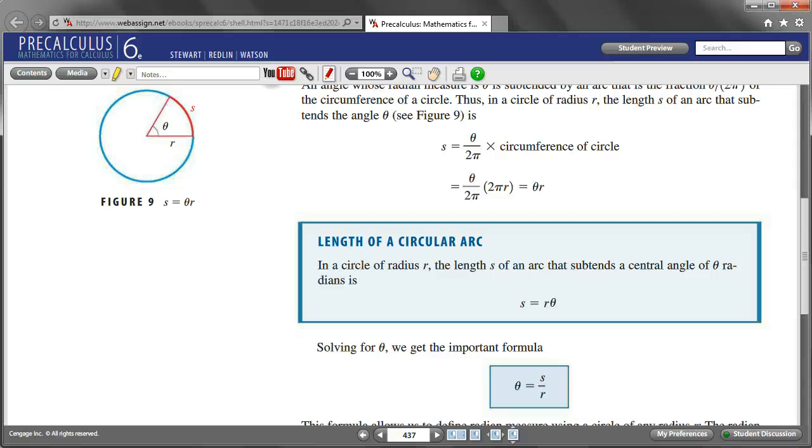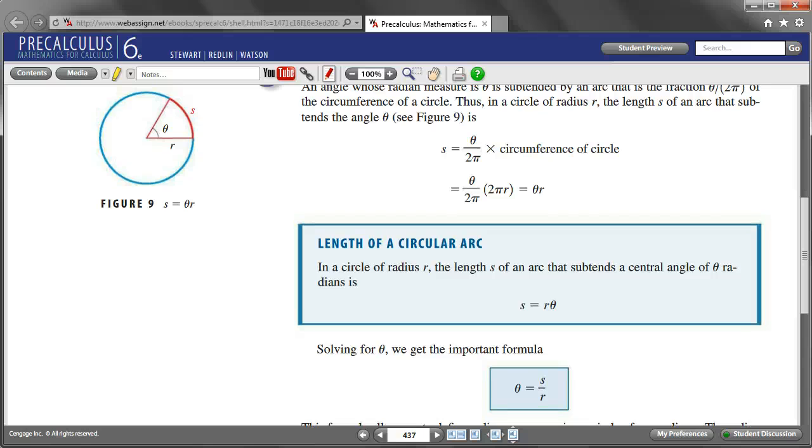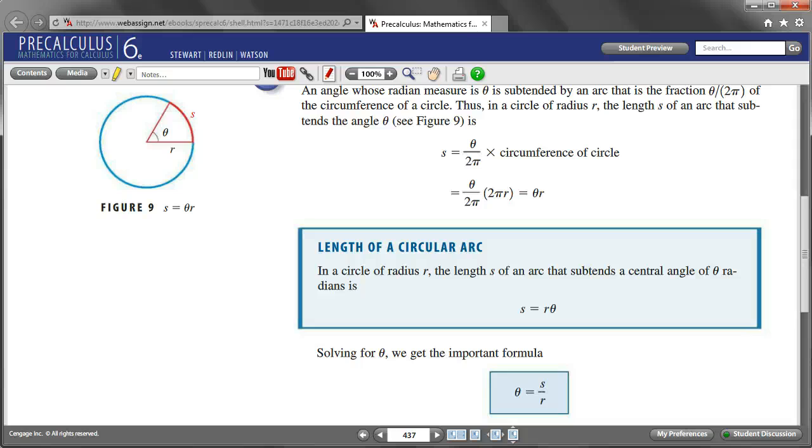But that's when we discuss only the magnitude. If you include a sign, the S can be either positive or negative. Counterclockwise arc length is positive, and clockwise arc length is negative. And that's how we get the angle measurement in radian measure. Theta is S over R, including the sign.